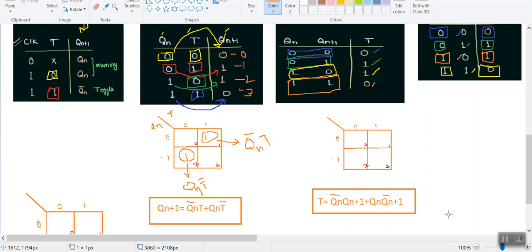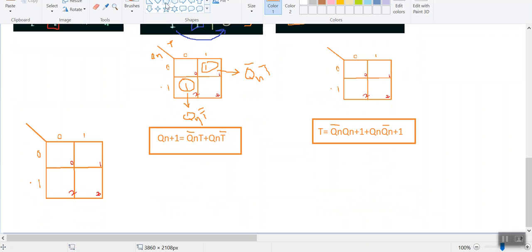So simply you can have a simplified expression also from this. This is my simplified expression I am writing: Qn XOR T. Here I can directly have, and in a similar way, T equals Qn XOR Qn plus 1. This is also one way of writing an expression.